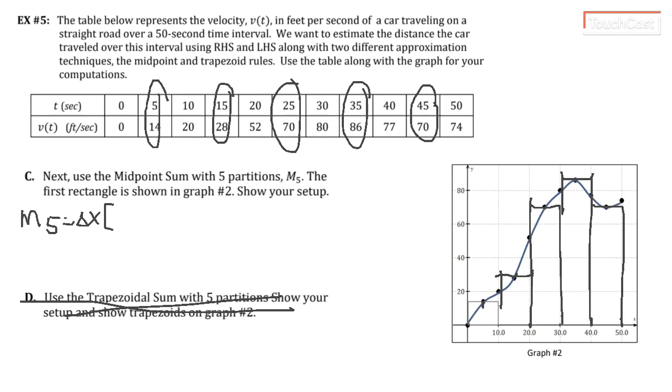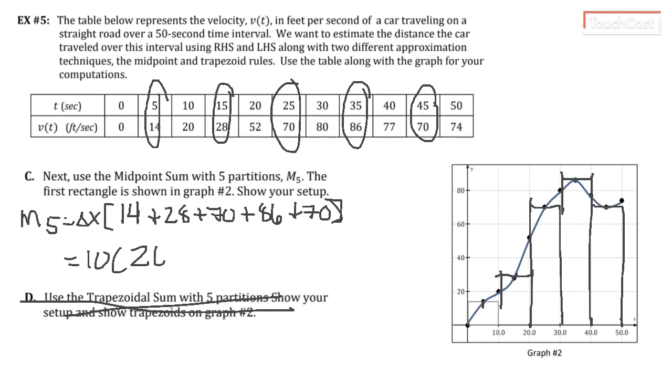So we're going to multiply delta x by the sum of 14 plus 28 plus 70 plus 86 plus 70 again. Delta x is still 10, so we're going to go 10 times, and if we add all of that up, we're going to get 268. So 10 times 268 feet.